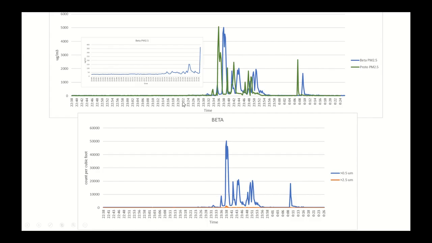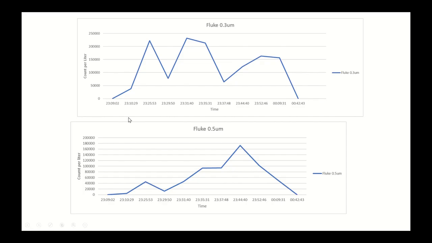That video was shot at 11:22. Here there seems to be nothing going on, but if you look at the Fluke data from 11:25, we see that the 0.3 micrometer bin of the Fluke is picking up particles and has been probably for a while. Of interest to note, the 0.5 micrometer has a little bit of a signal.